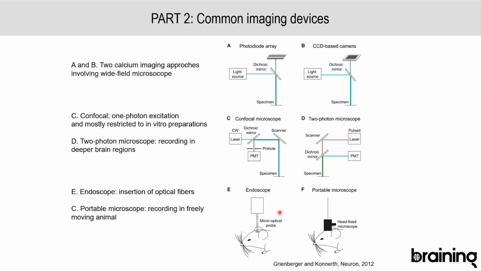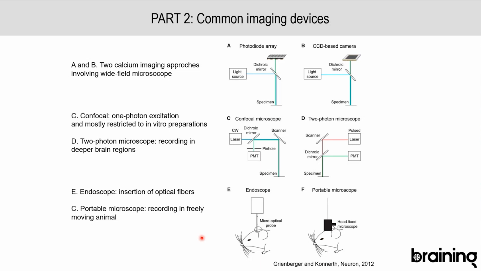And we also have this endoscope, which allows to place an optical probe inside the animal's head to measure this calcium signaling. So there is this insertion of optical fibers in the endoscope, and we also have these portable microscopes with that fixed microscope that will allow the recording of the calcium signaling while the animals freely move.